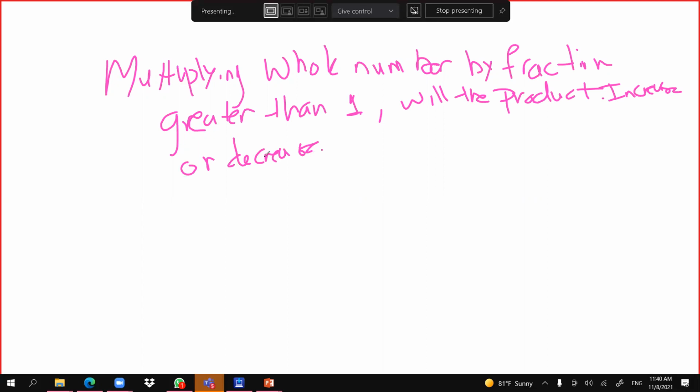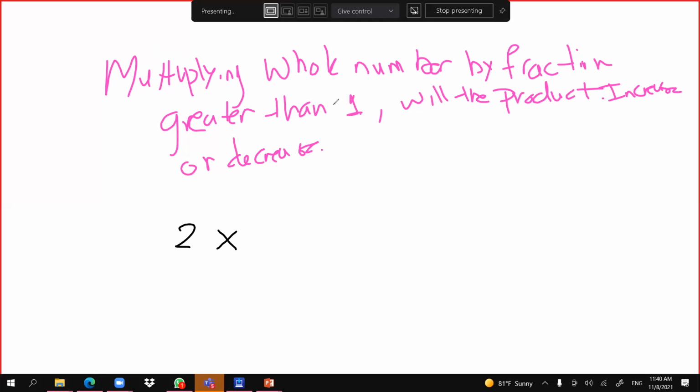Okay, how did you solve this one? Multiplying a whole number. What do you mean by whole number? Give me any whole number. 2. When you multiply it by a fraction that's greater than 1.